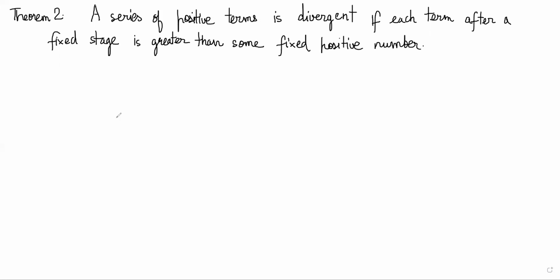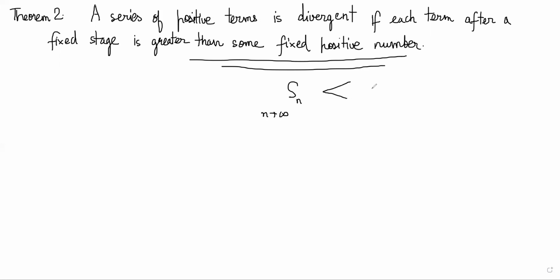So basically what this is saying is that if each term after some stage is bigger than some fixed positive number, then obviously the sum Sn when n tends to infinity will never be less than any fixed number.